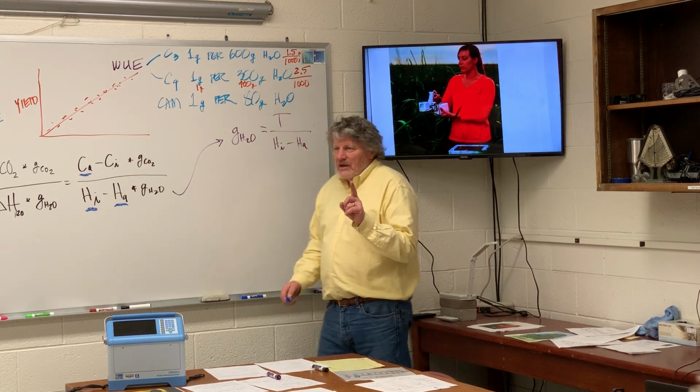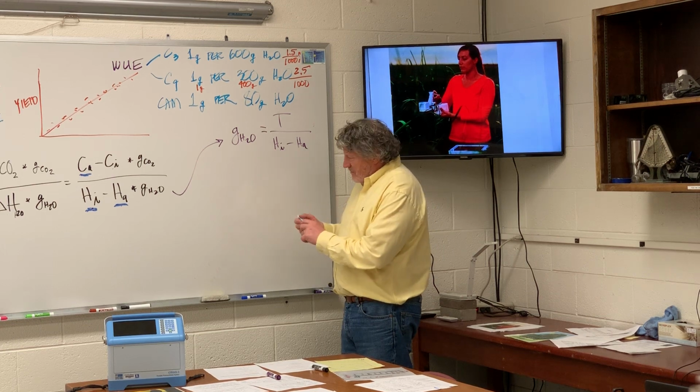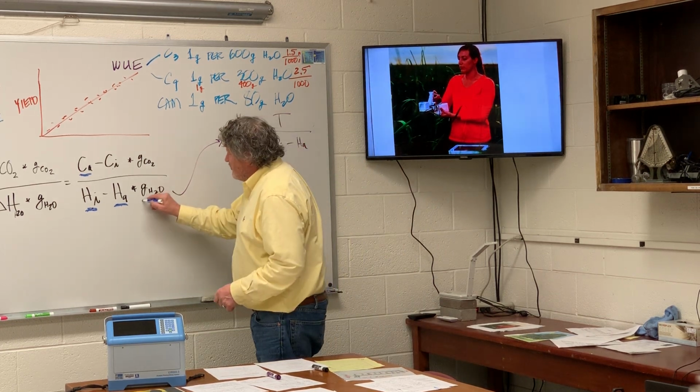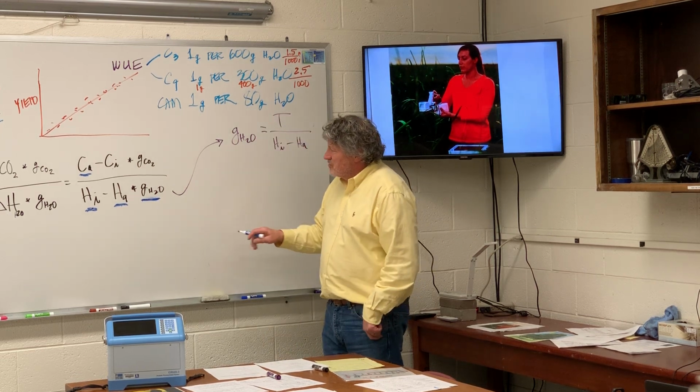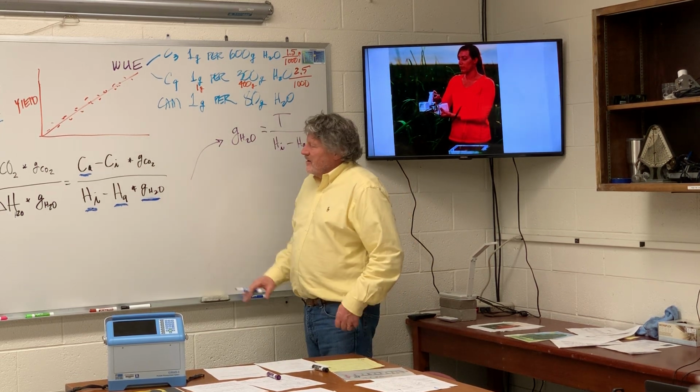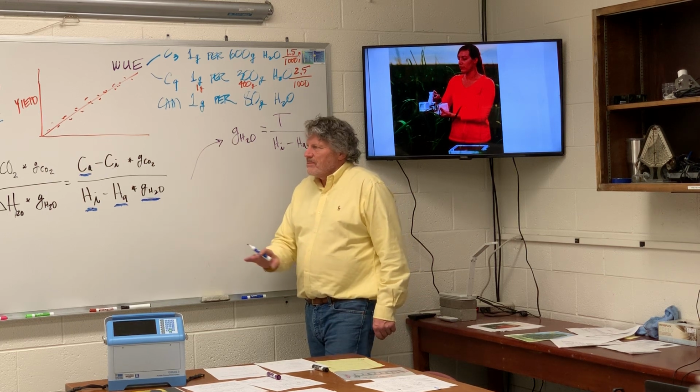All right. So we've done this, we get a value for G_H2O. And I'll give you a handout with everything worked out and just show the principles. Now, this is an amazing step.